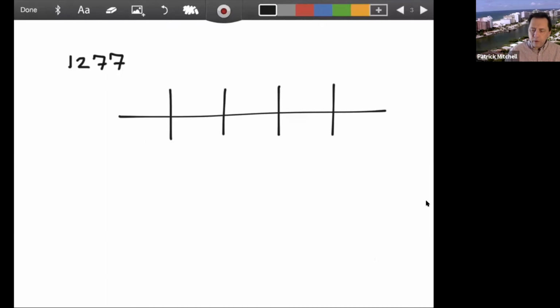All right, so in base 12, you have 1s, 12s, 144s, and 12 to the third. I believe 12 to the third is bigger than 1,277. I'm 99% sure it is.